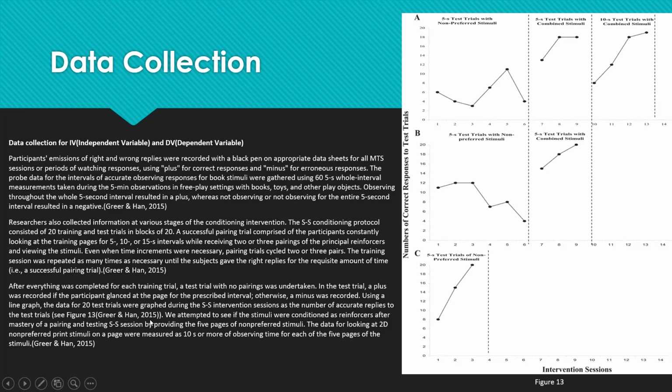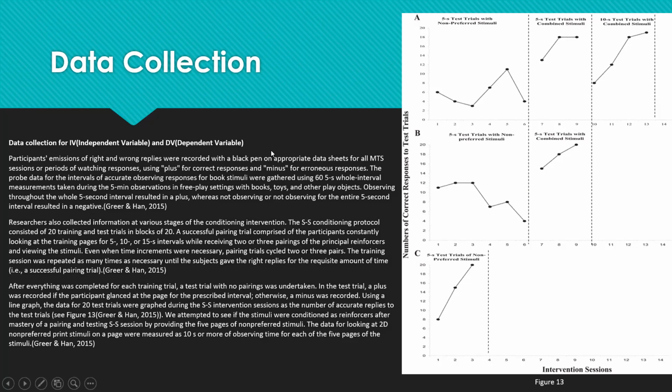Here we have figure 13, the test trial data with the non-preferred stimuli. This is the number of correct responses across the intervention sessions. Before the intervention sessions, the number of correct responses was low, but after many sessions, in blocks, it started to go up.